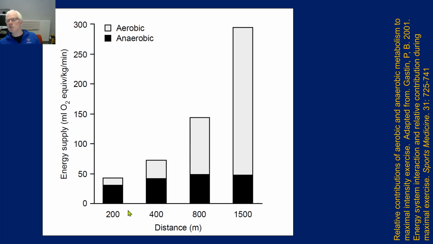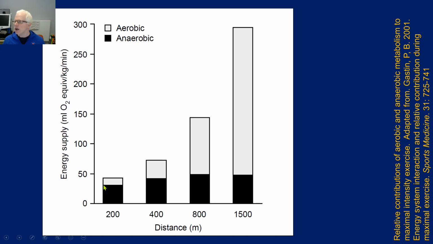Now, we haven't separated that out in this, but we can be certain that there's only two sources of anaerobic energy. There's energy which can come from the high energy phosphates, so that would be, for example, ATP-PC or the adenylate kinase reaction, or energy which is coming from anaerobic glycolysis. But nonetheless, what we can see in our 200 meter race is there's a large contribution from anaerobic metabolism.